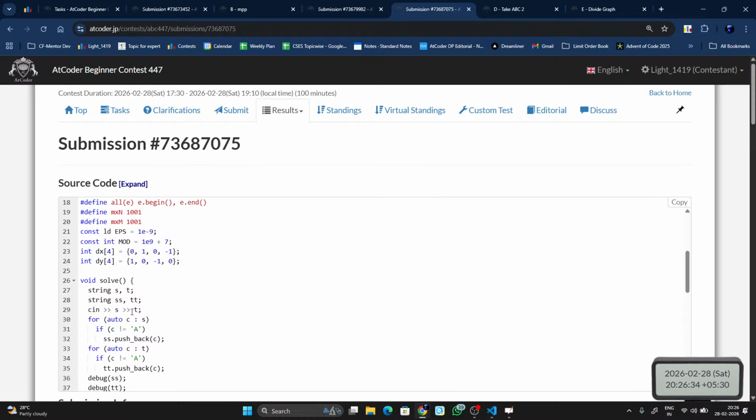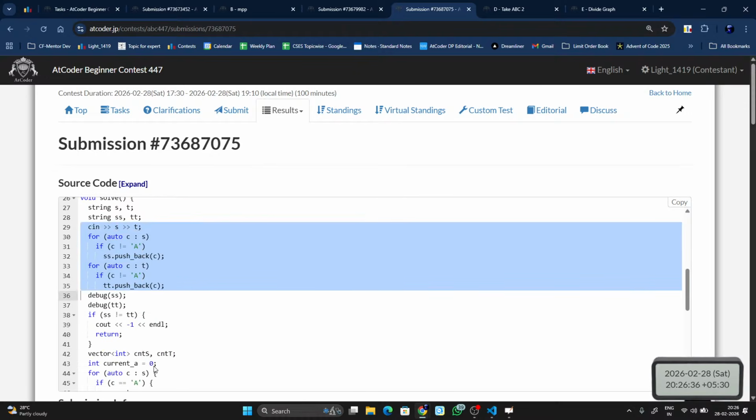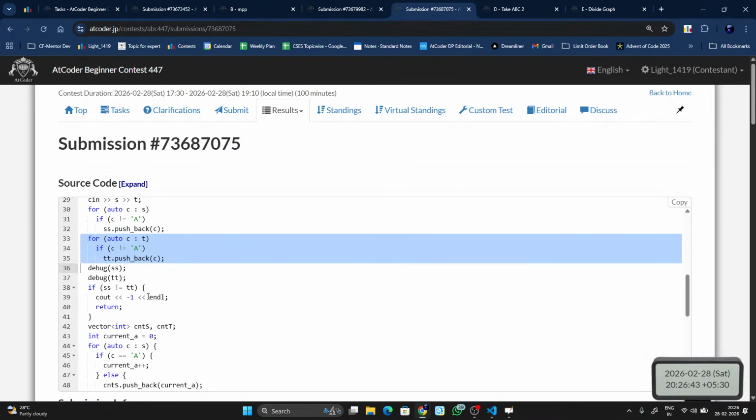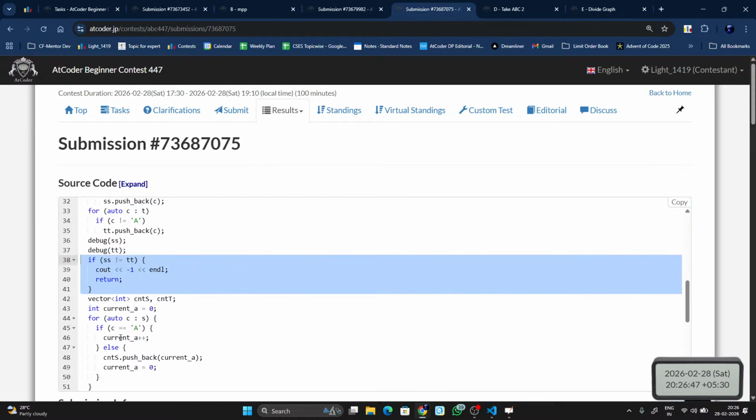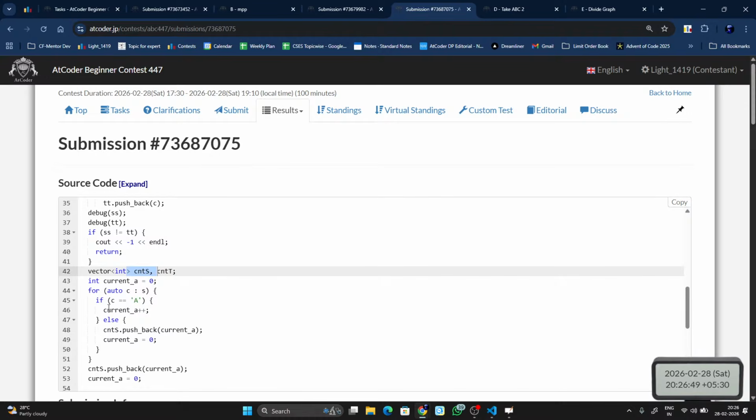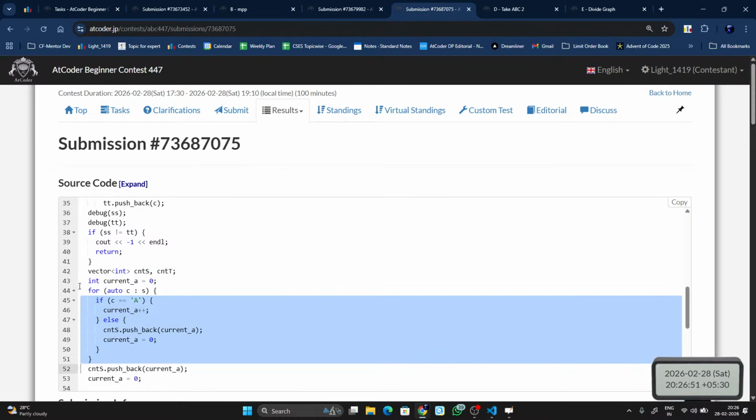Okay, so we are taking both the strings inside our ss and tt variables. We are iterating upon those strings, so it's linear. Then we are comparing. Compare is also linear. Then this whole loop is again linear.